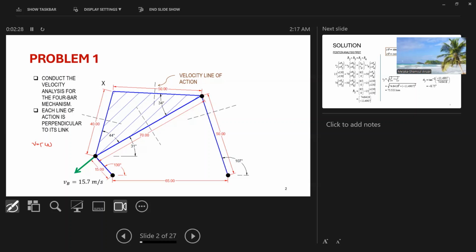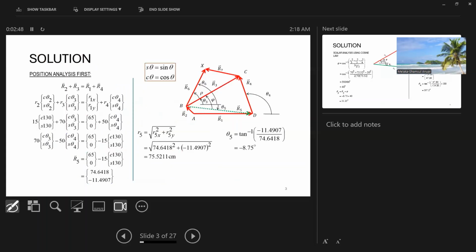So we need to find what is the omega that causes this thing to rotate this way, or the linear velocity to be in this way. The omega rotates in this fashion, counterclockwise.